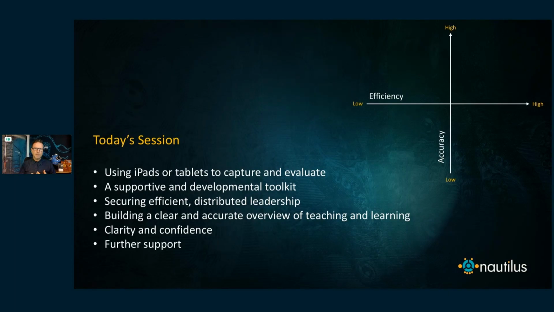The little model that you can see there, I think is just thought-provoking at this point in the session, because it begs the question really, if you take any of your activities in school, observations, monitoring, call them what you like, book studies, scrutinies, these kind of activities, and place it on that matrix, how does it fare? Is it efficient? Does it impact? And is it accurate?